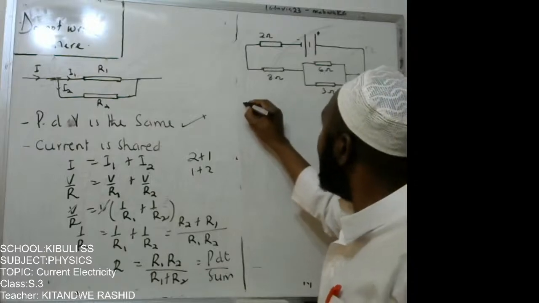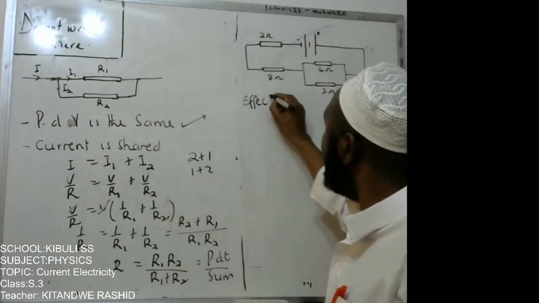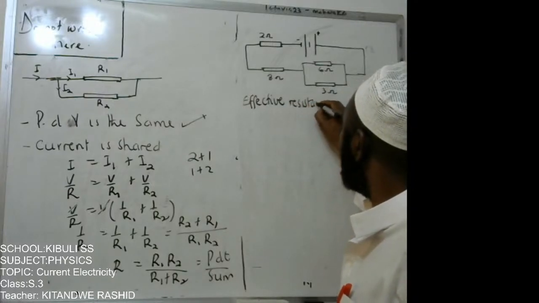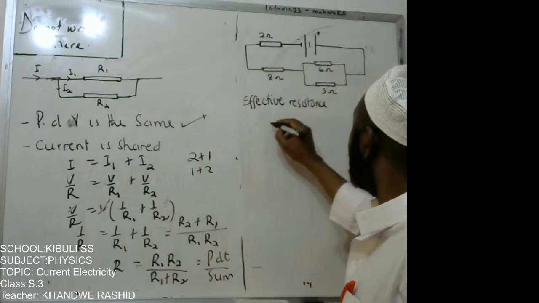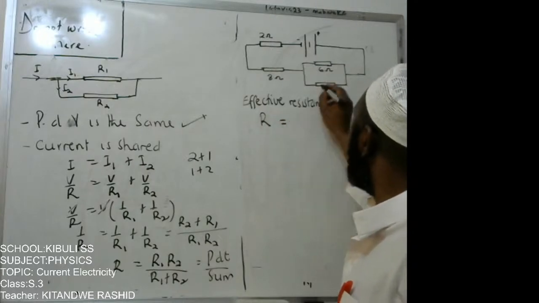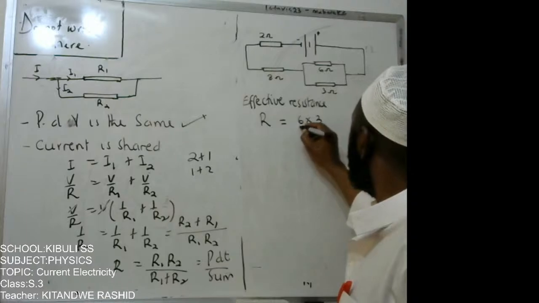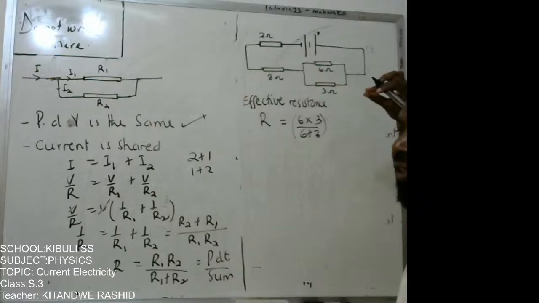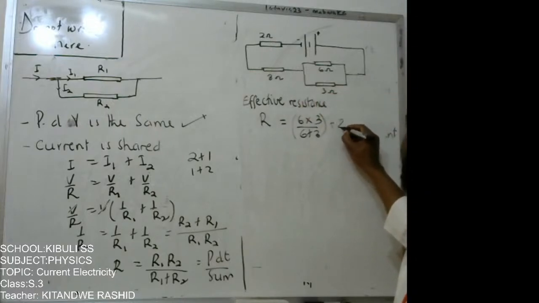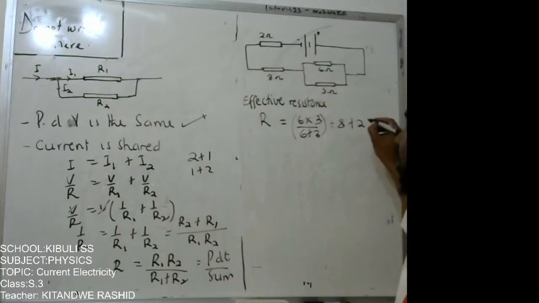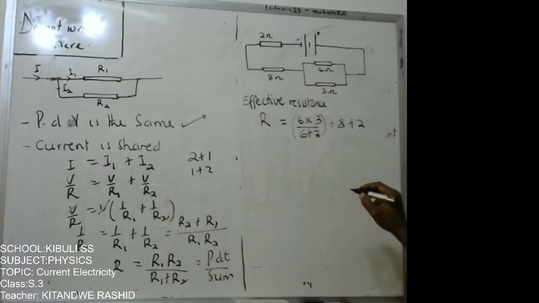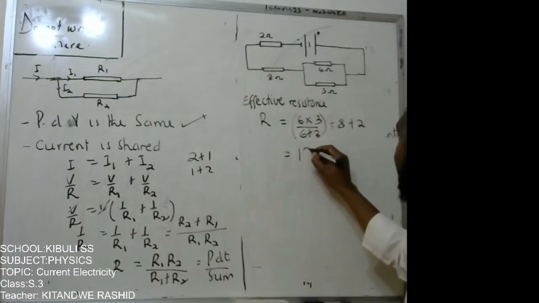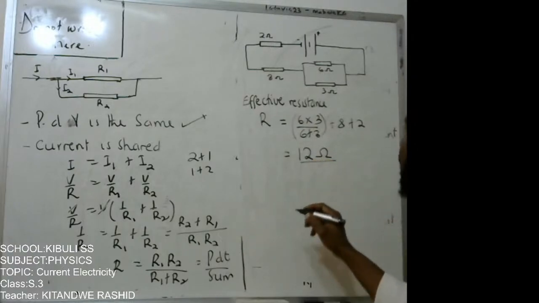So therefore, effective resistance, effective means resultant, R is going to be equal to product over sum, this is the parallel arrangement you have resolved, plus 8 plus 2. So this finally gives the answer to be 12 ohms. So the effective resistance here is 12 ohms.